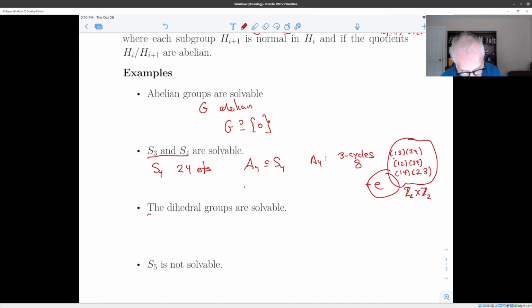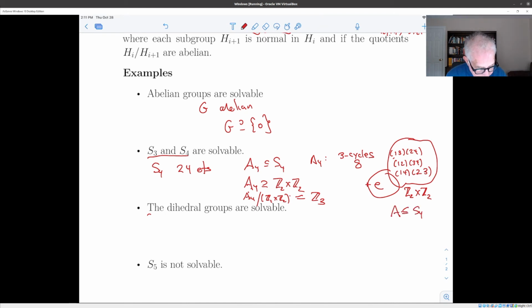And so A4 inside it has this copy of Z2 cross Z2, and the quotient, this has order 12, this has order 4. The quotient is a group of order 3, which has to be the cyclic group of order 3. So A4 is a solvable group, and so is S4.